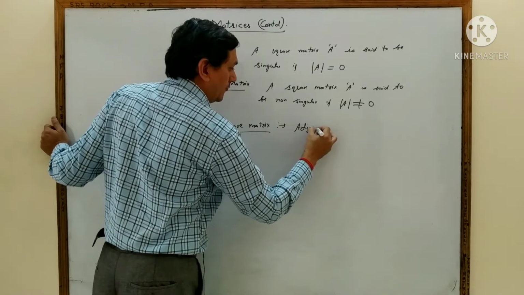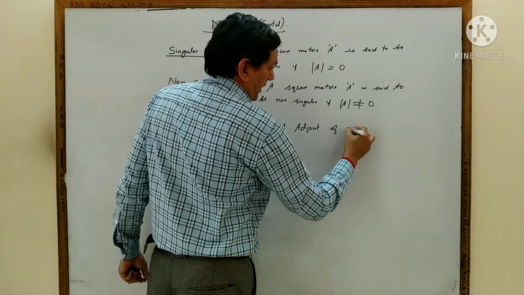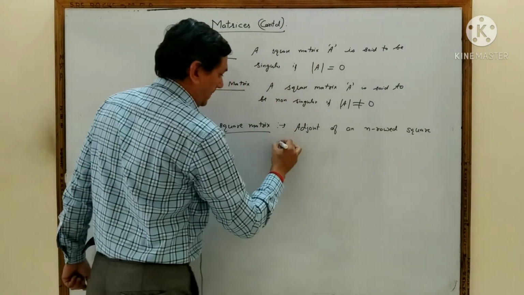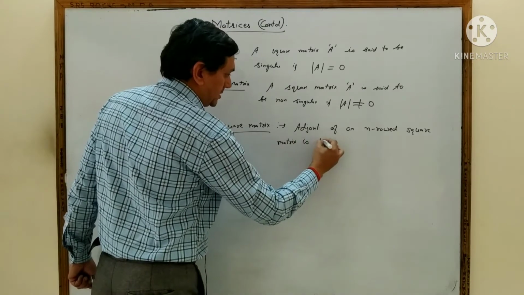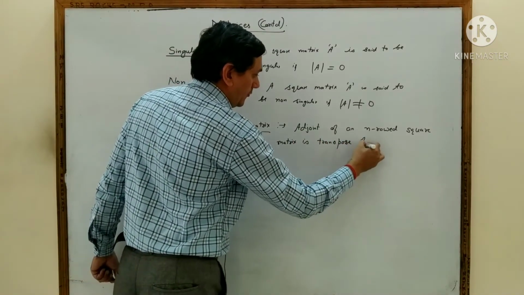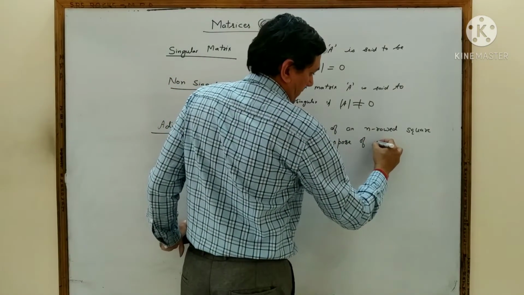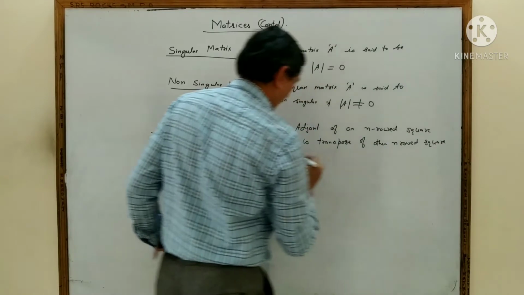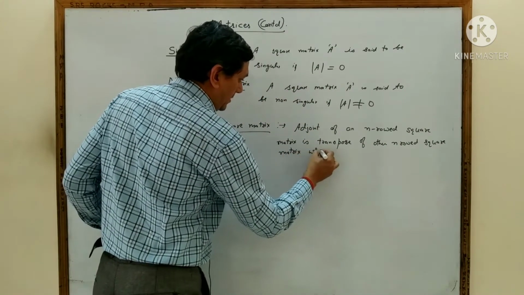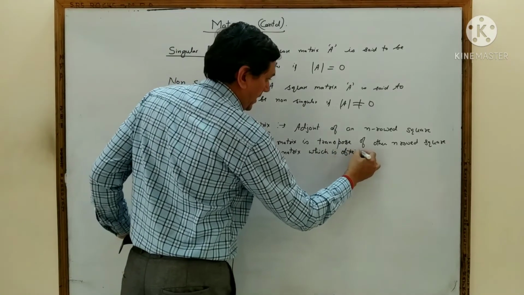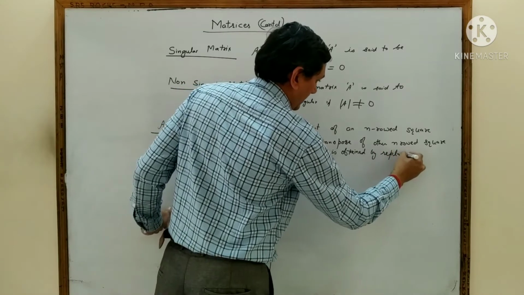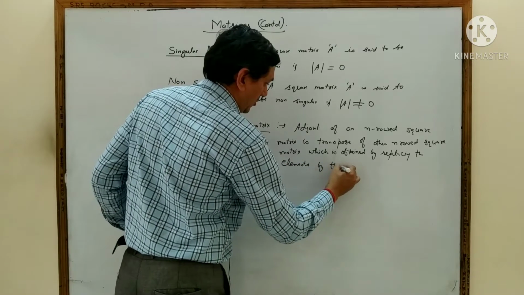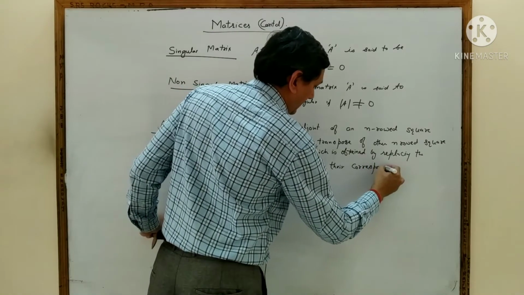Adjoint of an n-rowed square matrix is the transpose of another n-rowed square matrix which is obtained by replacing the elements by their corresponding cofactors.